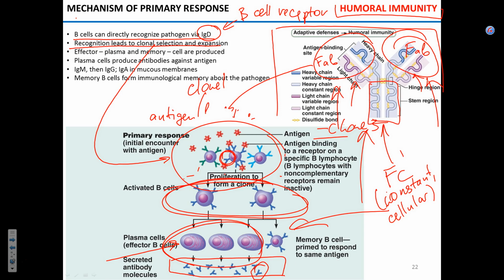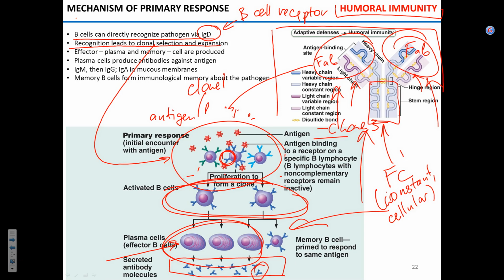And then that single clone of B cells after the clonal selection, it expands. That's clonal expansion. By expansion, we mean you have a lot of B cells of that particular type, that differentiate into plasma cells, antibody-producing ones, and memory B cells. That primary response, does that make sense to you?